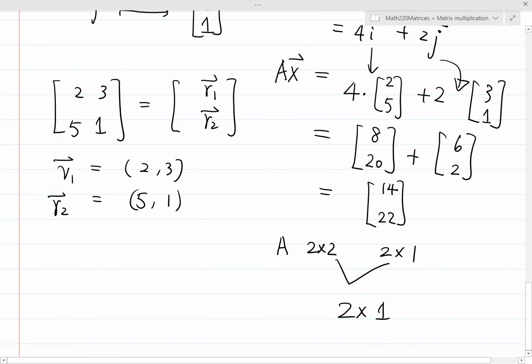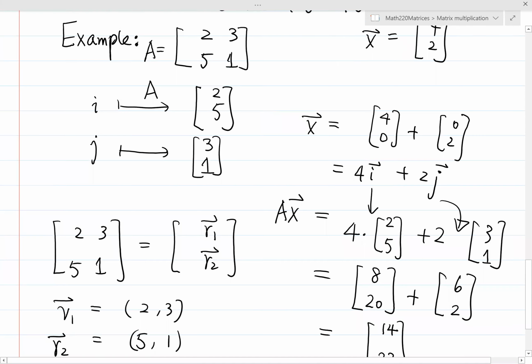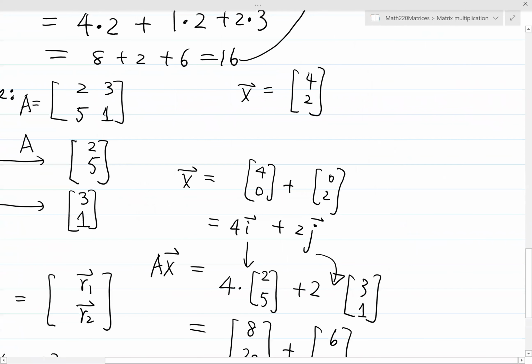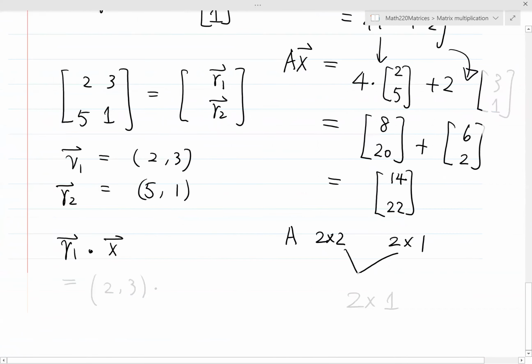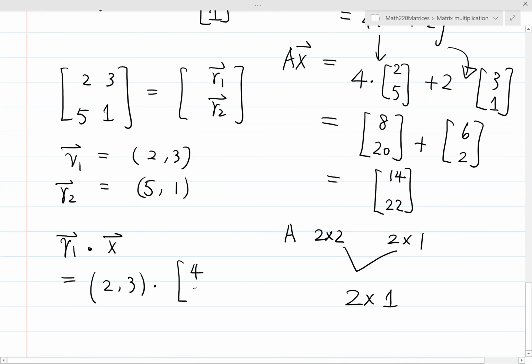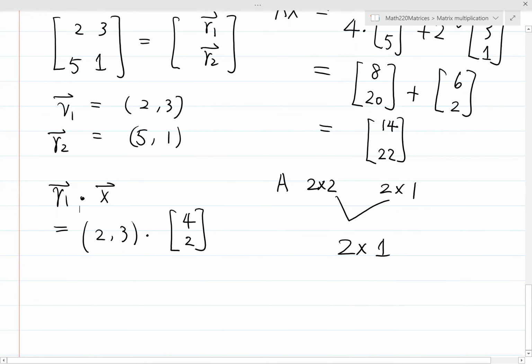So you see the first entry will be R1 dot product with X. So this will be 2, 3 dot product with X, which we already know is 4, 2. So we should expect the first entry to be 14.